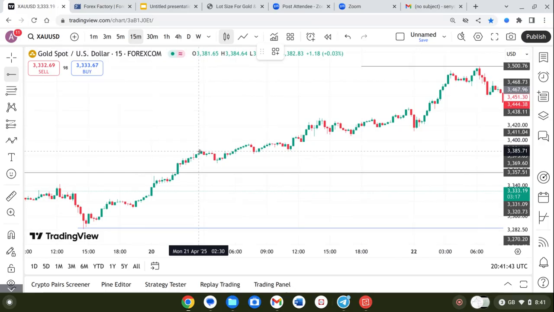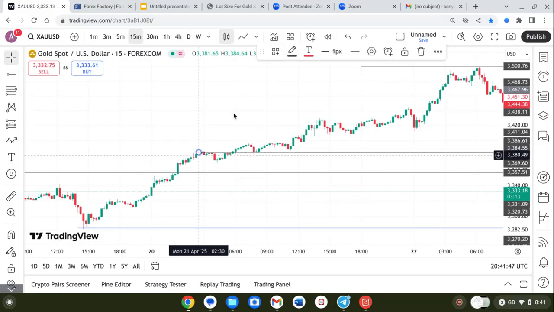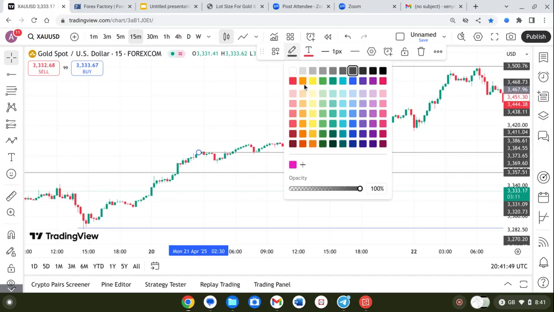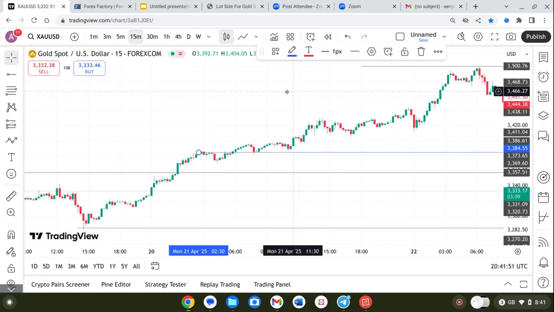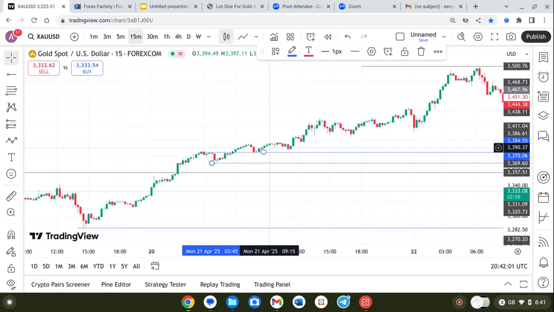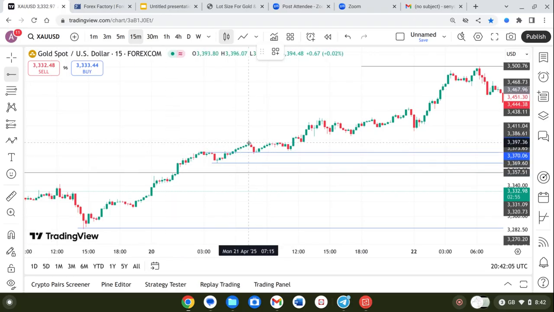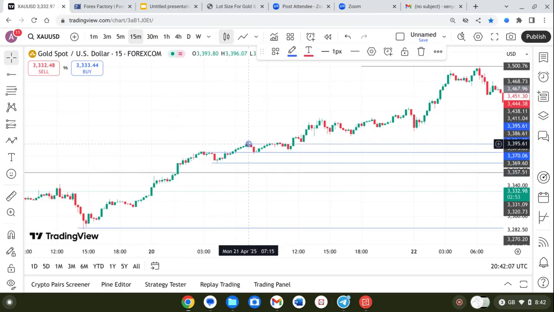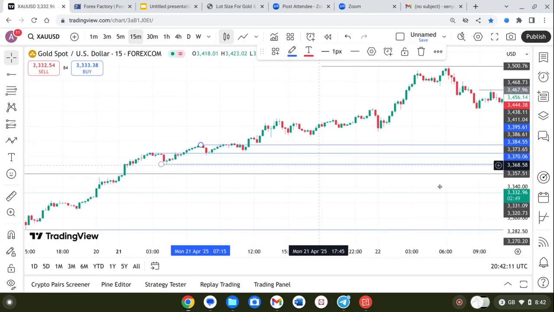So we mark this out. There's a high. We change the color to blue so we know it's on a smaller time frame, and this is the low. You come here, this is also a high, and this is a low. Now this is a good setup.